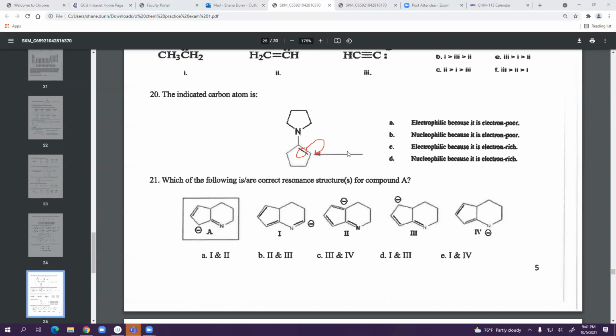Which would make it electrophile or nucleophile? A nucleophile, because it has a lone pair, it's negatively charged, right? Negatively charged are nucleophiles. Is it a nucleophile because it's electron rich or electron poor? Electron rich. You only become a nucleophile if you're electron rich. An electron poor nucleophile is an oxymoron. It really can't occur. That makes sense? You can't have that.